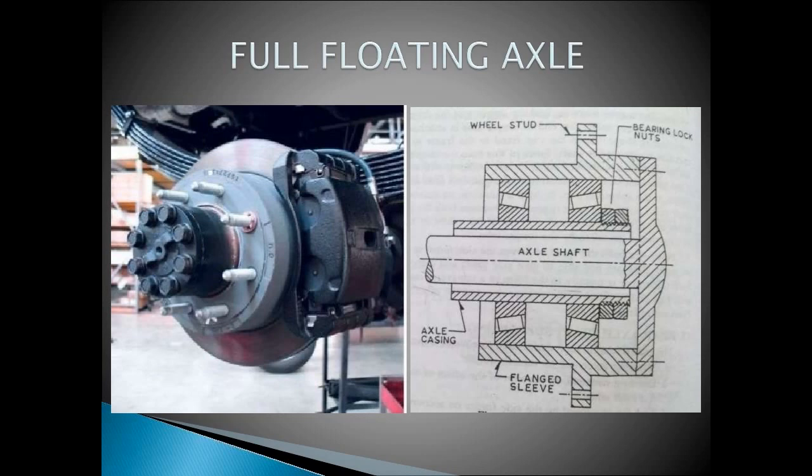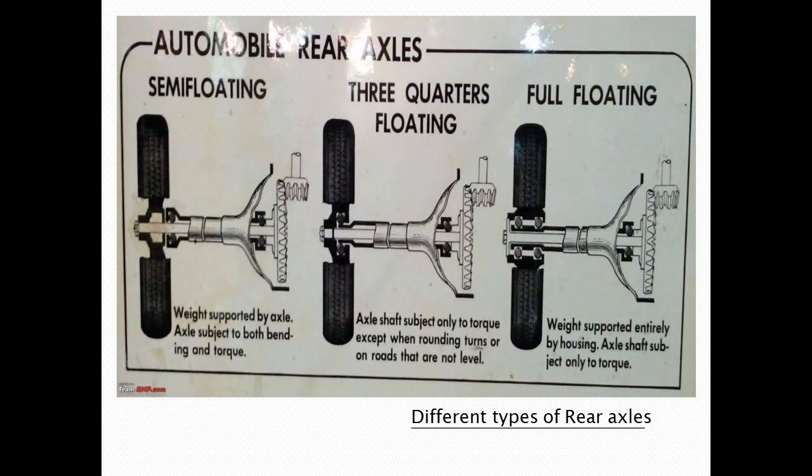Now coming to the next topic, the differential. Before that, the automobile rear axle: semi-floating, three-quarter floating and fully floating types. These are the three figures where we can easily identify the differences.